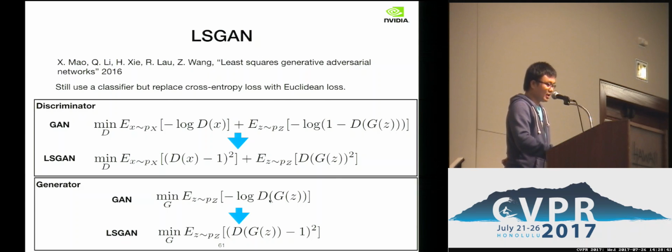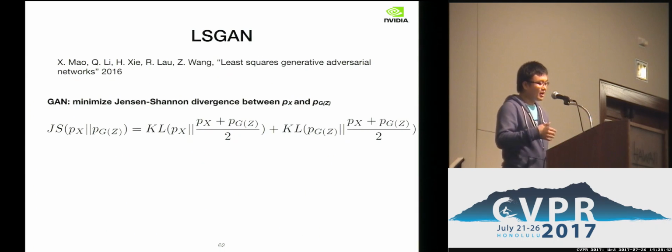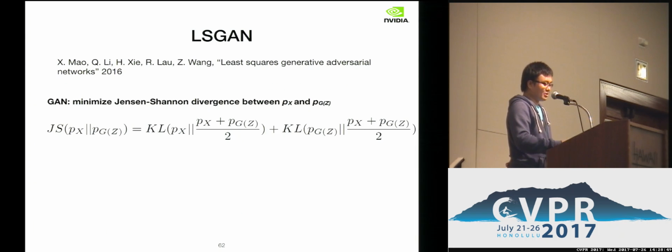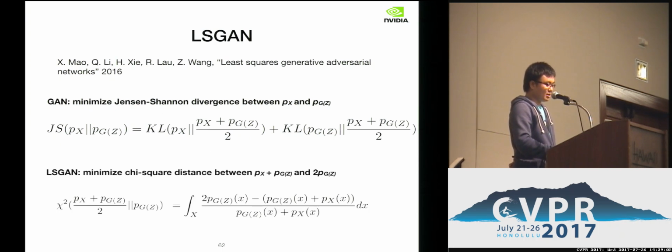They have different characteristics. In the LSGAN paper, they found that minimizing this square loss actually minimizes a different distance between the two distributions. In GAN, we know it's minimizing the Jensen-Shannon divergence between the data distribution and the model distribution given in this form.